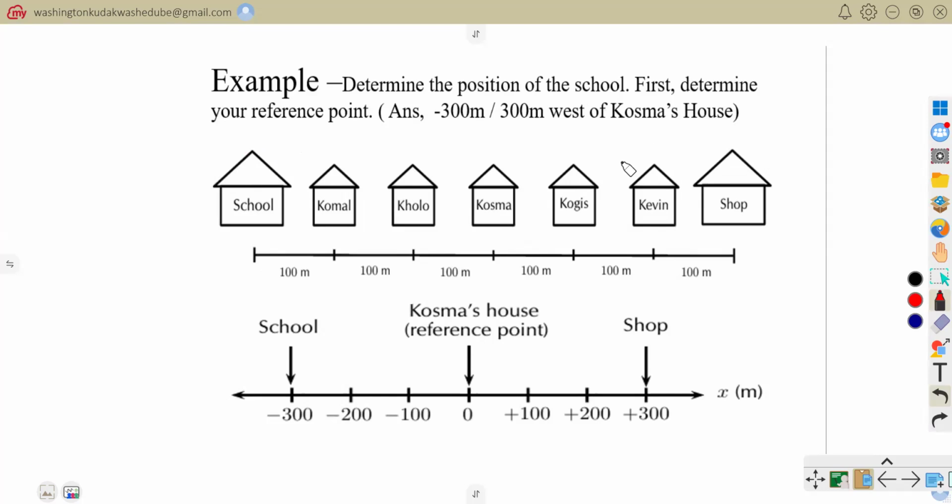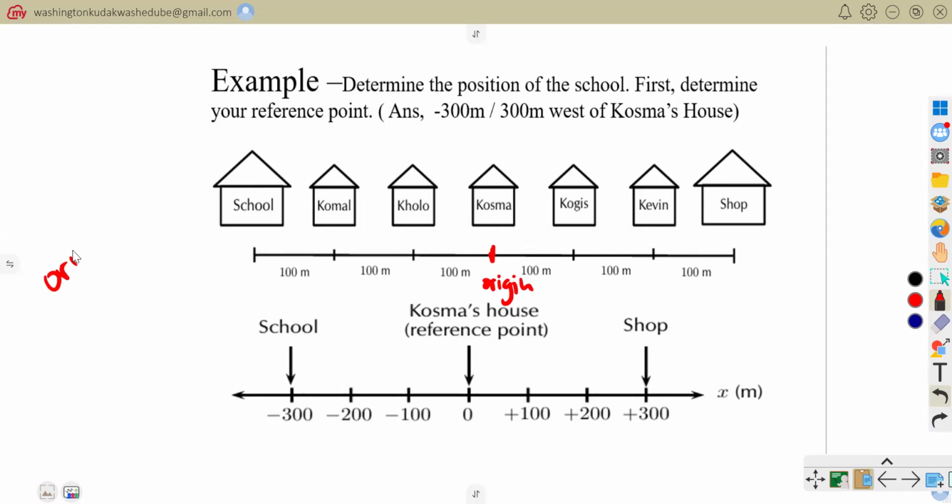Now, what you need to do is first determine your reference point. So we will take Cosmos house as the reference point. If this is the reference point, we are saying that this is our origin. So this is where we are starting.